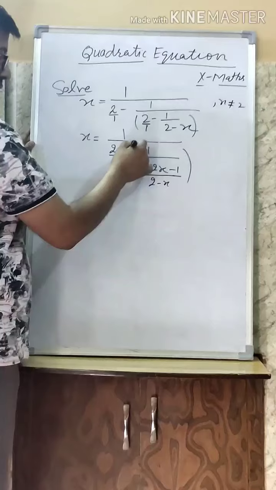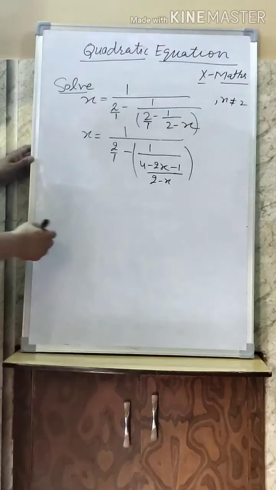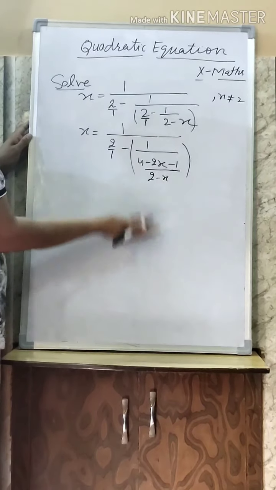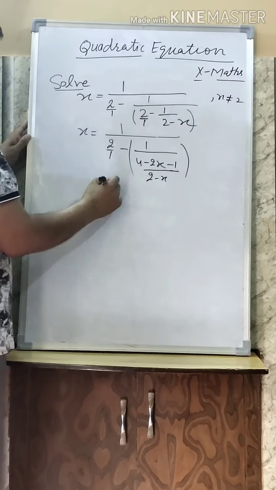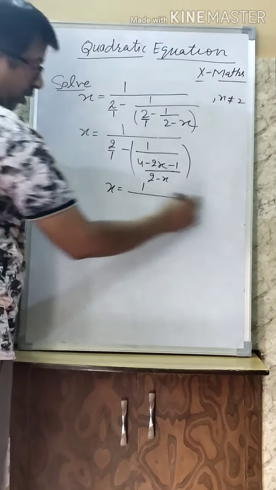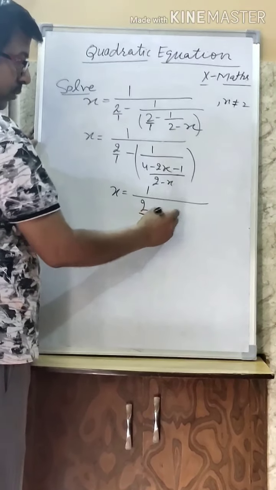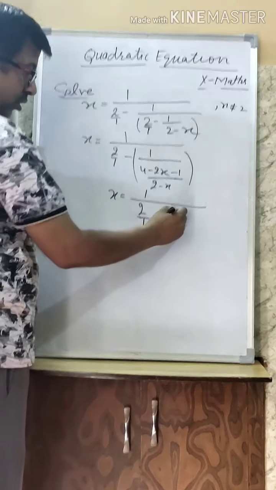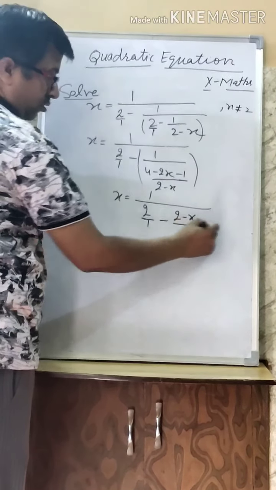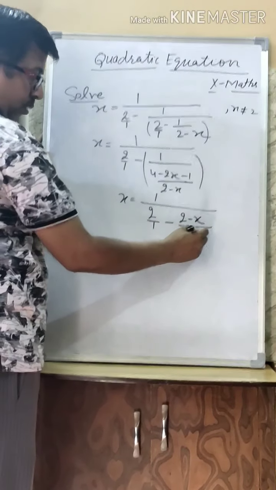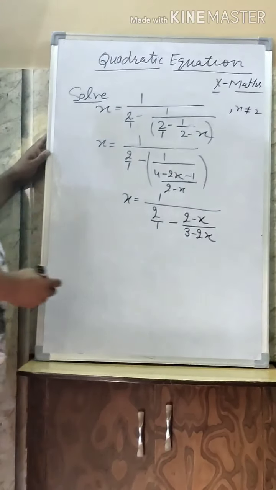Simplify. The next step, you take the reciprocal of this. So x is equal to 1 upon 2 by 1 minus the reciprocal of this, it is 2 minus x upon 4 minus 1, 3 minus 2x.